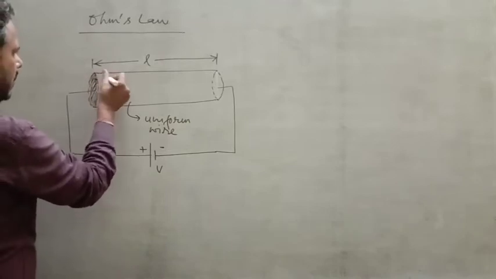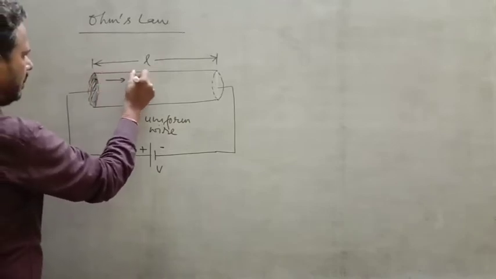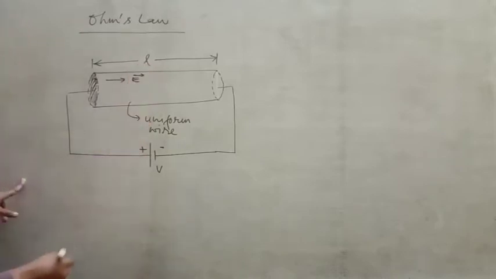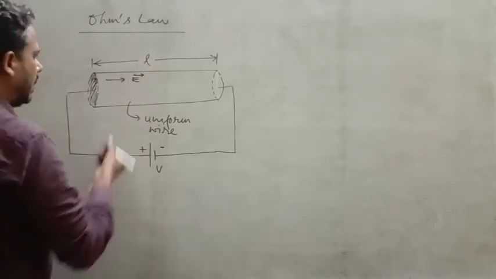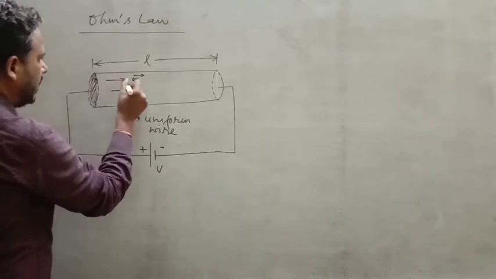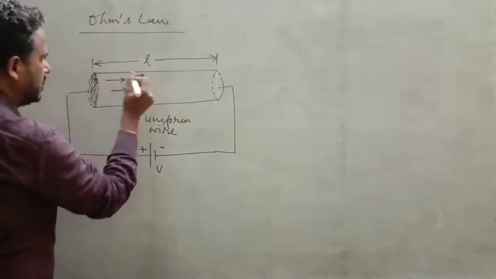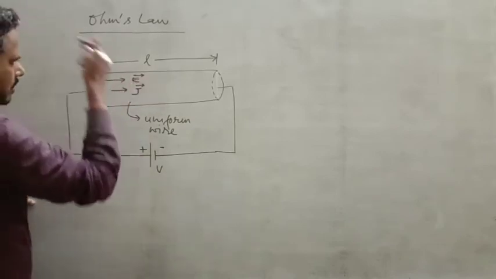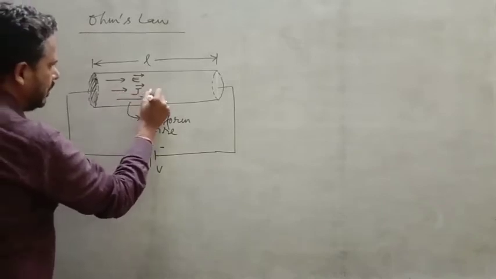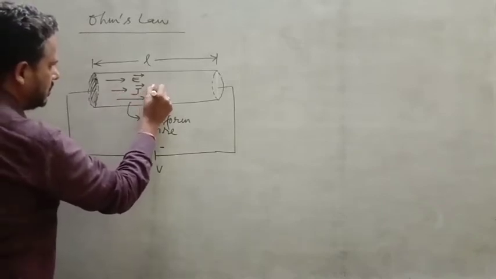So according to that, an electric field is directed in this direction and therefore the current density is also in this direction. Why? Because current is also flowing in the same direction.